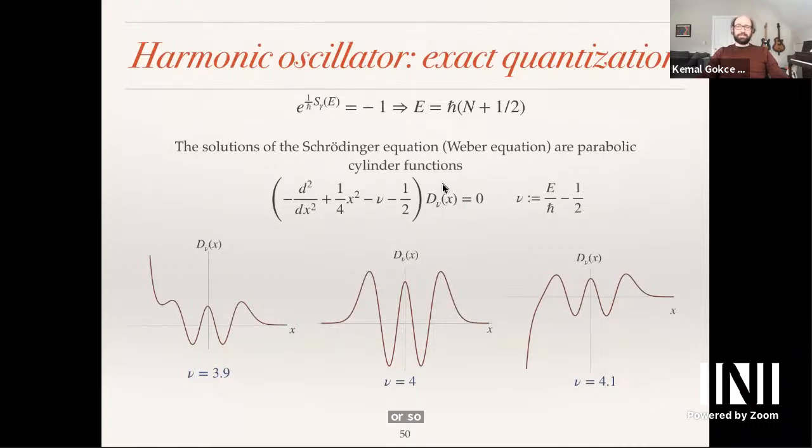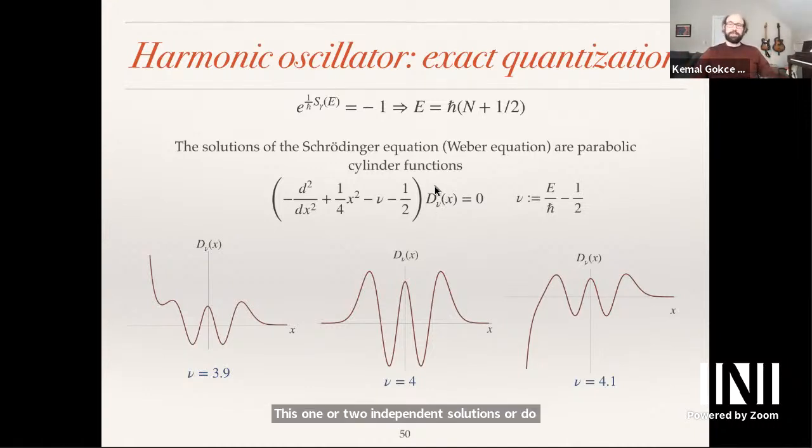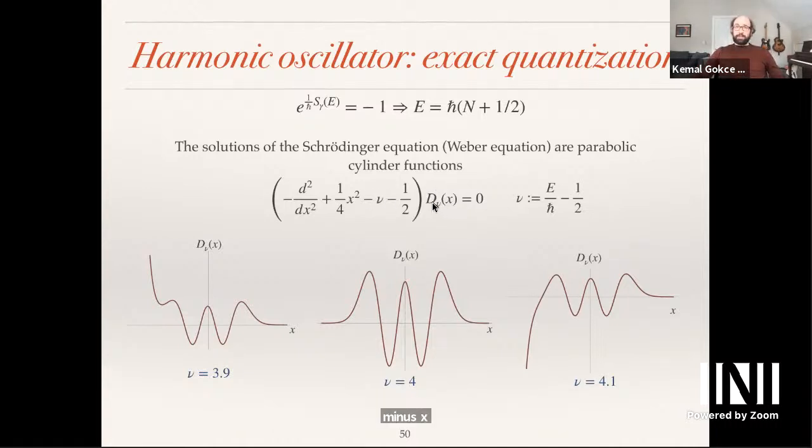In the digital library at NIST, it uses a different convention, but I'll use this one. Two independent solutions are D of x and D of minus x here. And nu is my index here, and it doesn't have to be an integer. The parabolic cylinder functions are defined for any value of nu.